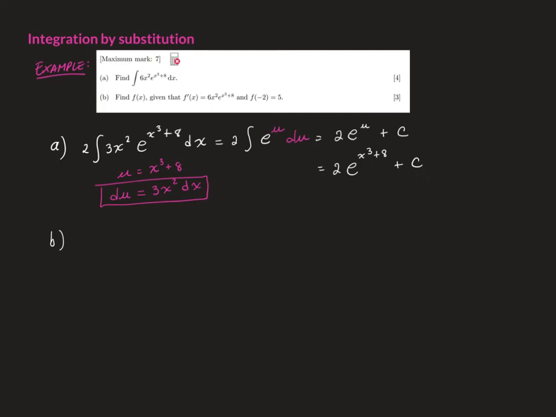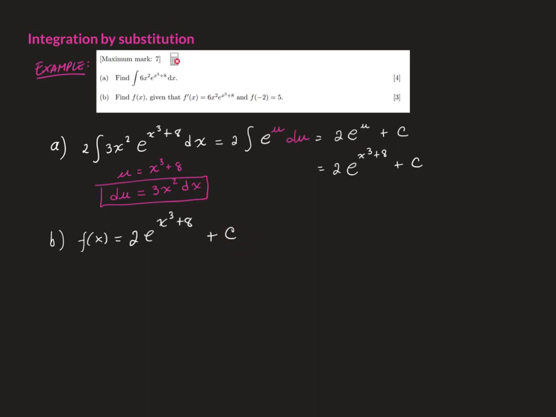So I'm going to write it. f of x is going to be 2e to the power of x^3 plus 8 plus the constant of integration c. Now they are providing us with additional information, and that is that f of minus 2 is equal to 5. What is that for? This is information that's going to help us identify the value of c.